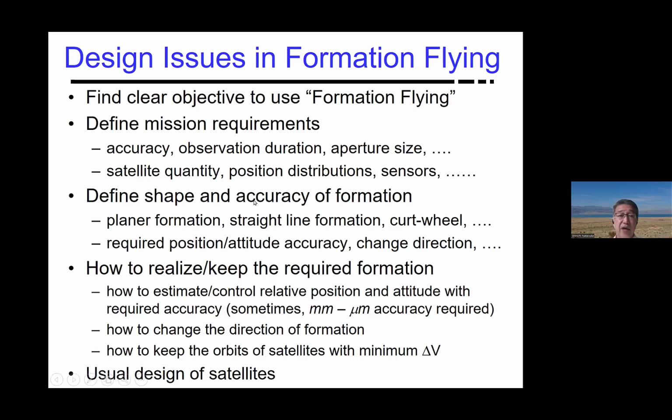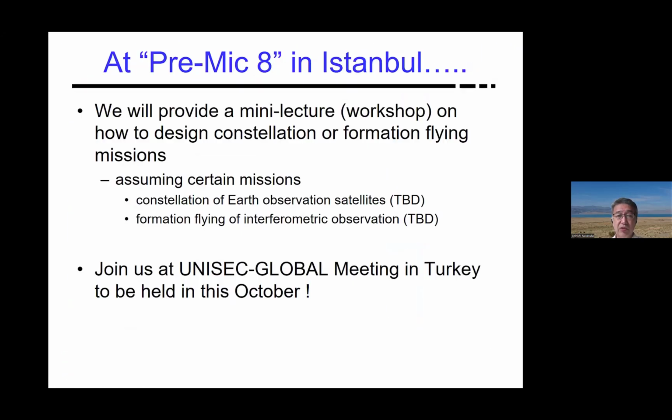And then define the shape and accuracy of the formation: planar formation, straight line formation, cartwheel formation, and so on. And the required position and attitude accuracy should be derived. And how to realize or keep the required formation is the final question. And then you should design the satellite as usual. So that's all.